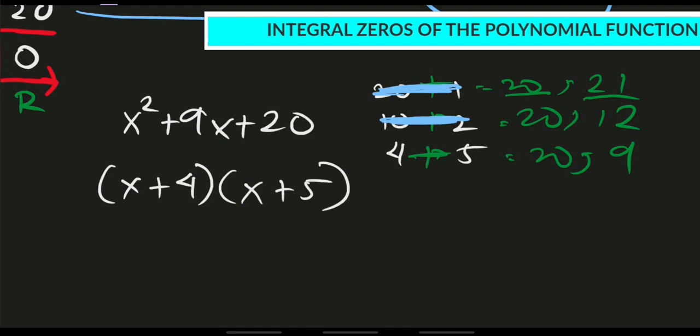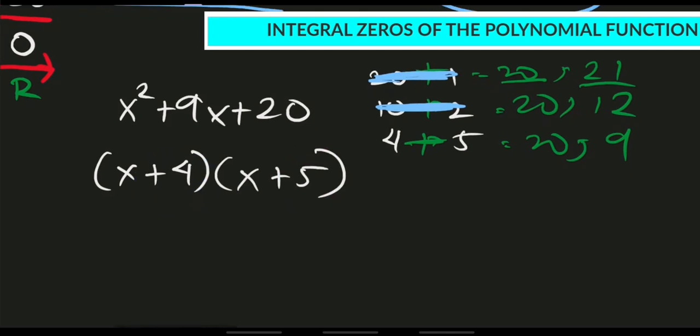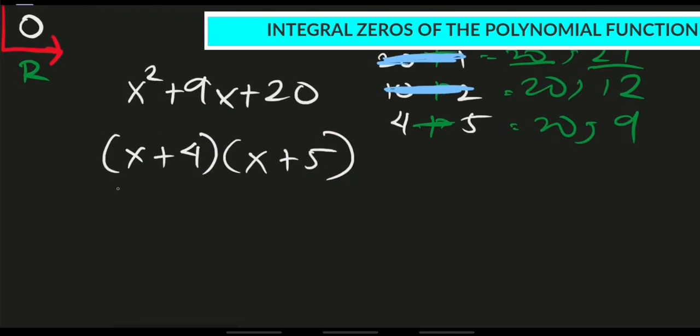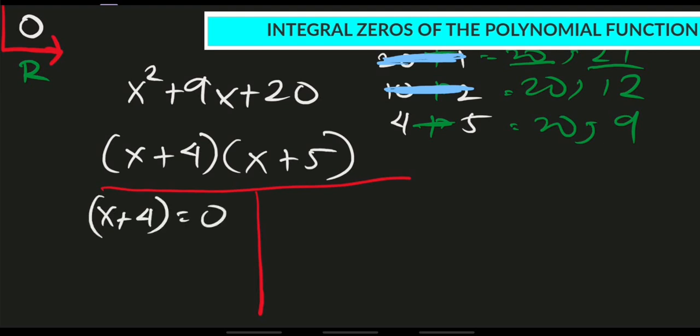Okay, so we have positive 4 and positive 5 as our factors. So if we have this given set of factors, let's construct a t-table and extract their roots. So we have x plus 4 equal to 0. Let's equate all of those binomials to 0. So we have x plus 5 equal to 0.